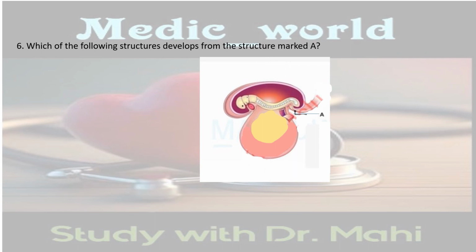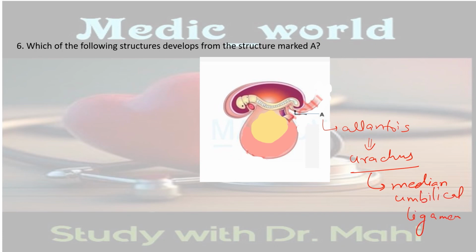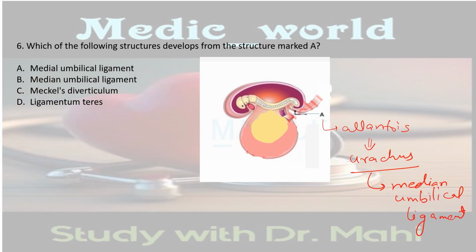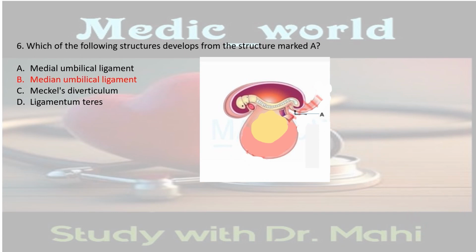The structure which is marked as A is the allantois, and its distal portion forms the urachus, which in turn gives rise to the median umbilical ligament. So the answer to this question is option B, that is median umbilical ligament.